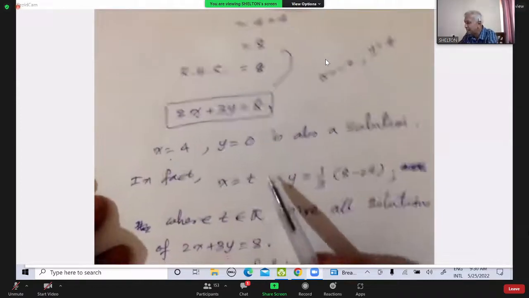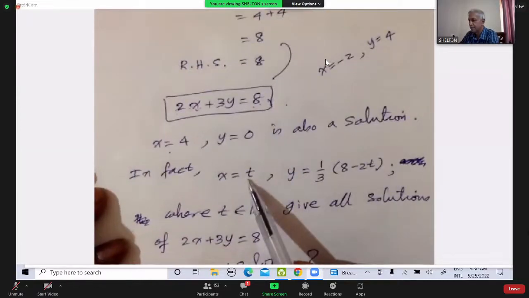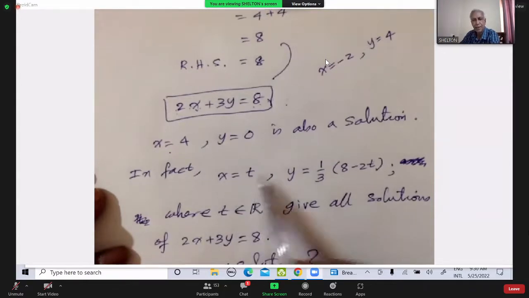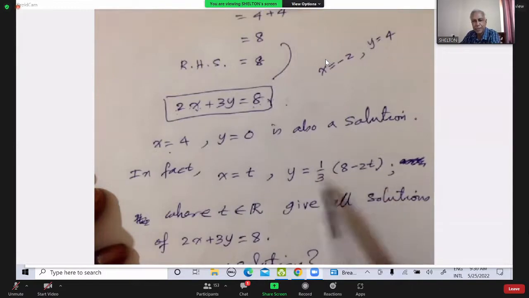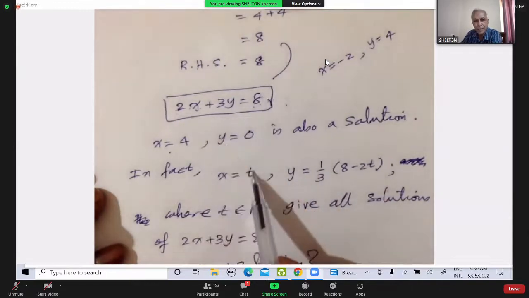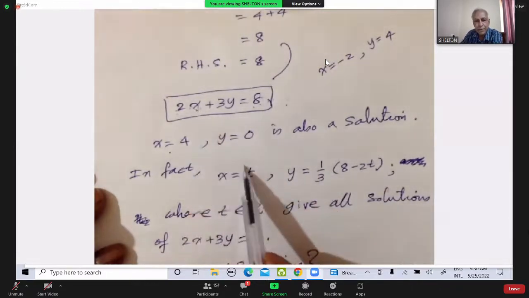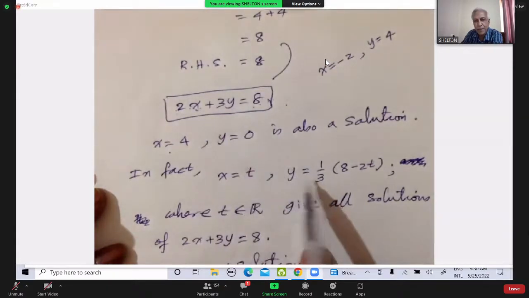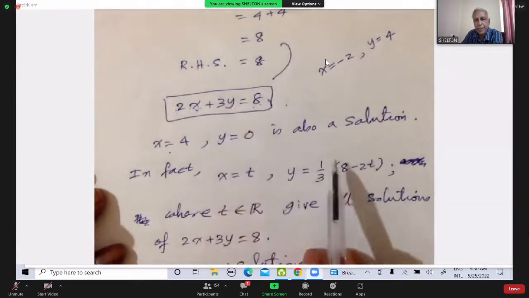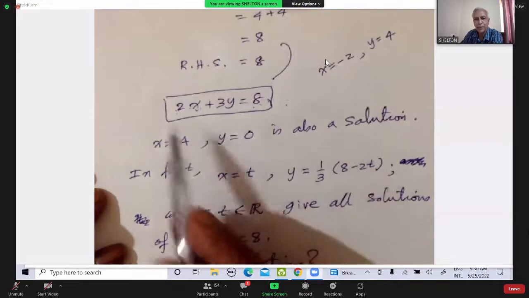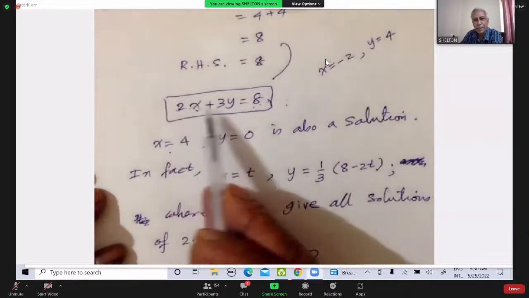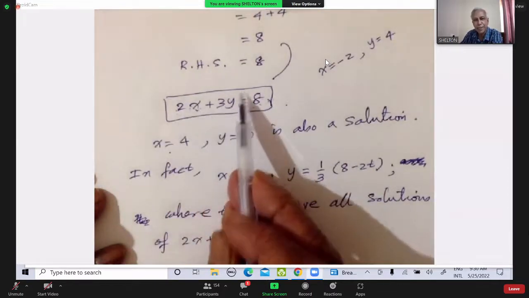I did the same thing here. Without putting a number, I said, take x to be any real number. Then if you take y to be this, substitute and see, 2t. When you multiply by 3, 3y is 8 minus 2t.